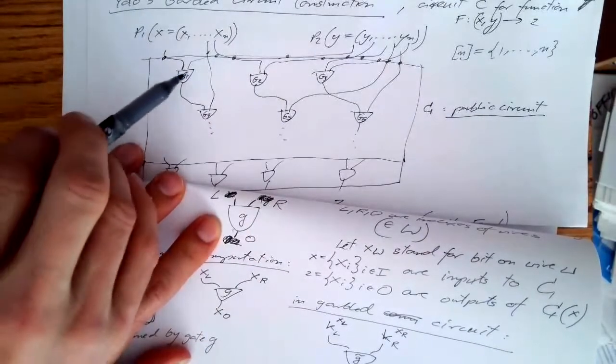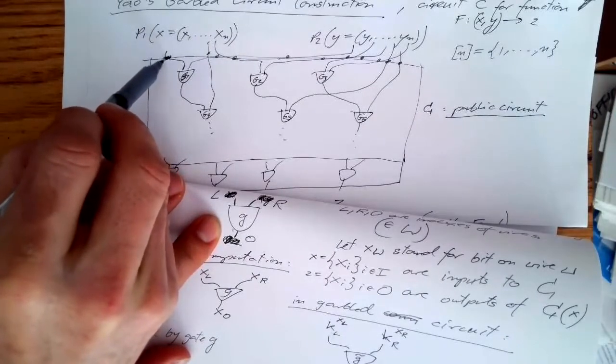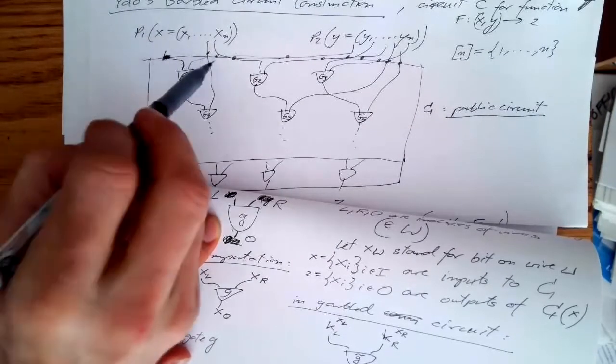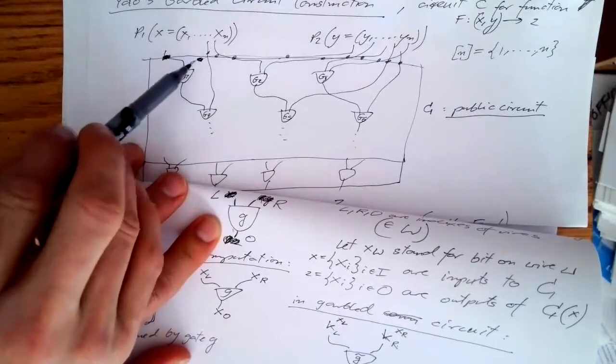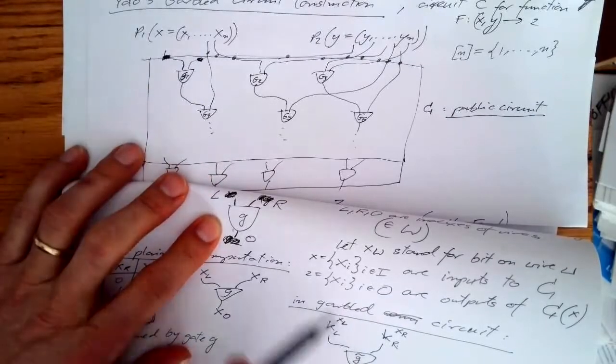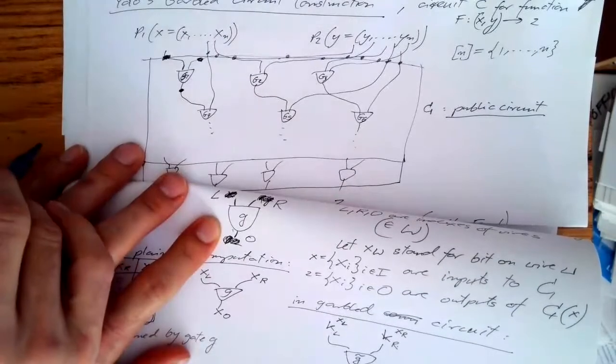Each of these gates, because I will have the key corresponding to the correct bit on this wire, and a key corresponding to the correct bit on this wire. And I'll have this garbled gate that allows me to compute the correct key on this wire.